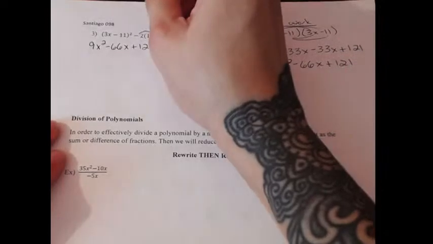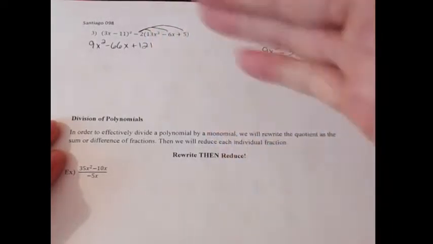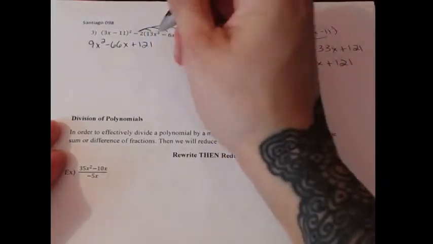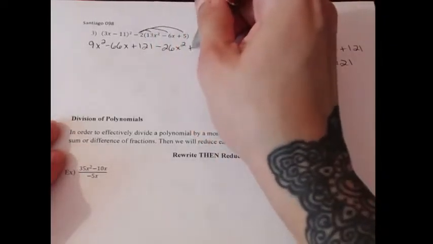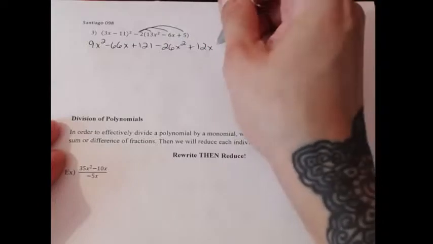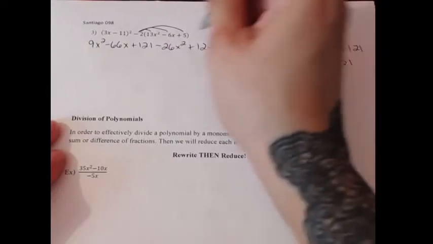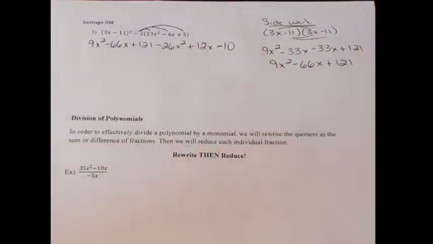So this implies I'm going to distribute the negative 2 throughout this second set of parentheses. This is going to give me negative 26x squared, positive 12x, negative 10.